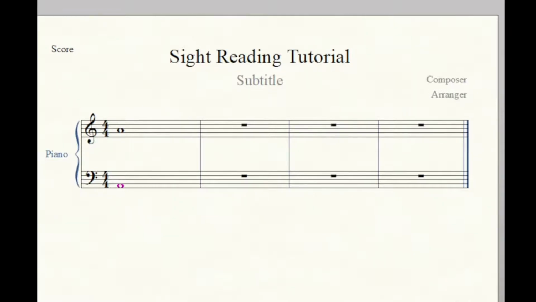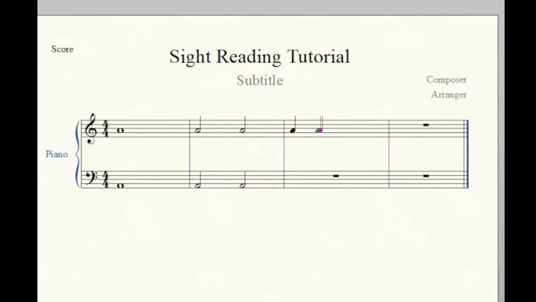Now the next largest note is a half note, and that would be held for 2 beats. So you could fit 2 half notes in one measure. Same down here. That's two A notes in the bass clef. And now you have quarter notes.